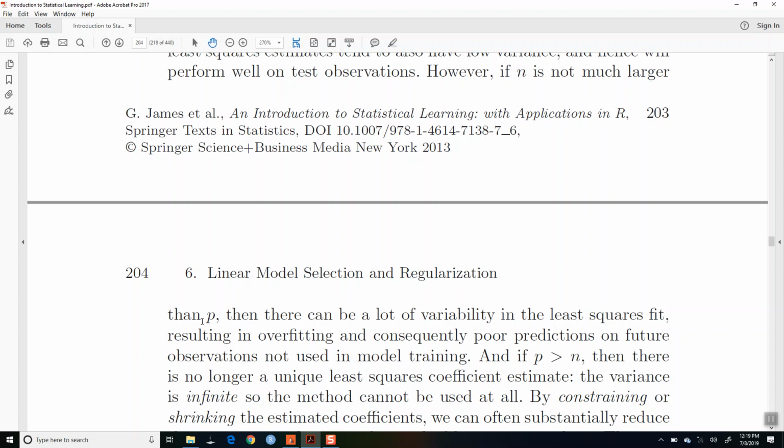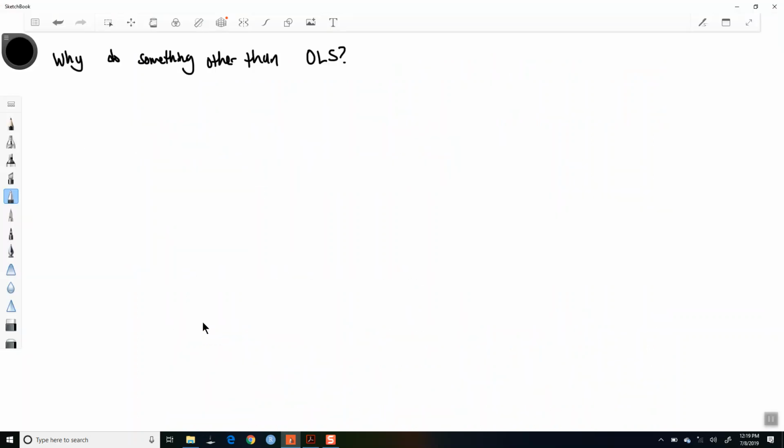In that case, N is only a little bigger than the number of predictors P.